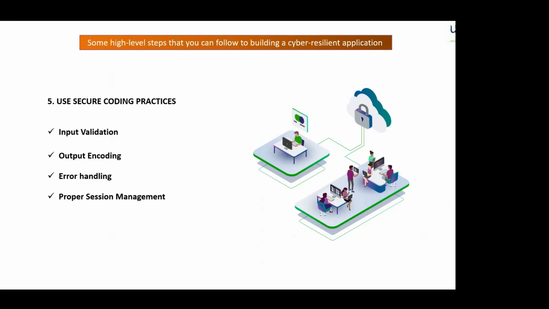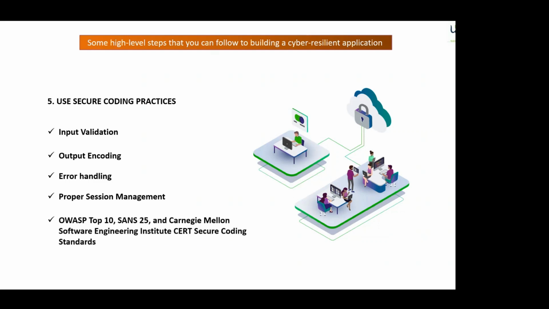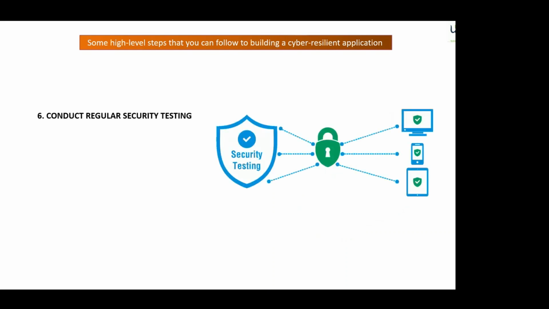Just make sure you follow secure coding standards and frameworks, such as the OWASP Top 10, SANS 25, and Carnegie Mellon Software Engineering Institute. I don't know if any of you have actually heard of this, but it's one of the standards being used.